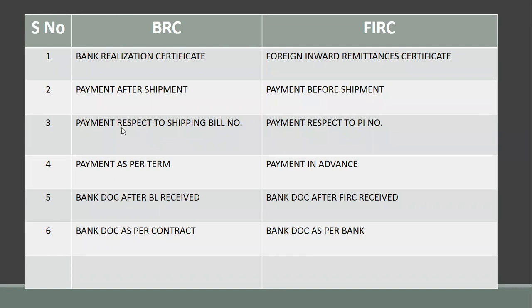Now, BRC payment is with respect to the shipping bill. The bank reconciles this export payment in respect of the shipping bill. But FIRC payment is in respect of the PI, because at the initial level you just prepare the proforma invoice and send it to the importer saying these are our rates and please make an advance payment.